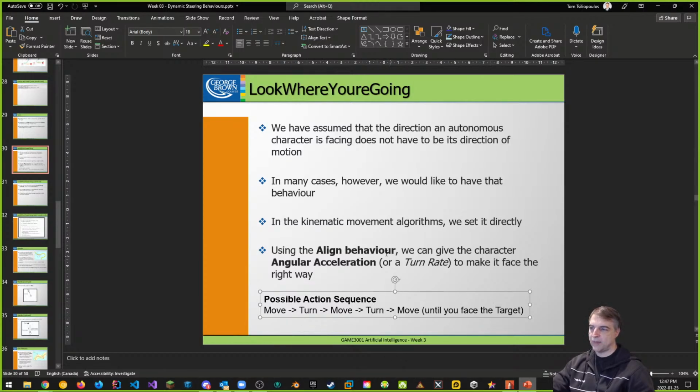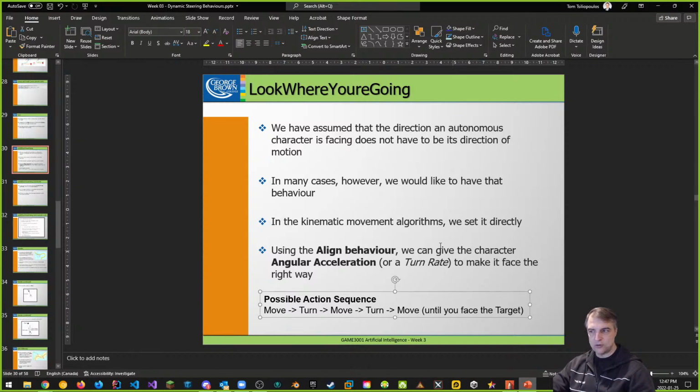And the turn will be X number of degrees every time step. And by the way, please don't do this turn rate every frame. Remember I said time step. Once you start thinking about it frame by frame, and if I've got 60 frames per second, it's going to look immediate. It's going to snap from where I'm looking to where I need to go. So give it a turn rate over several frames, something like 5 degrees every 20 frames.